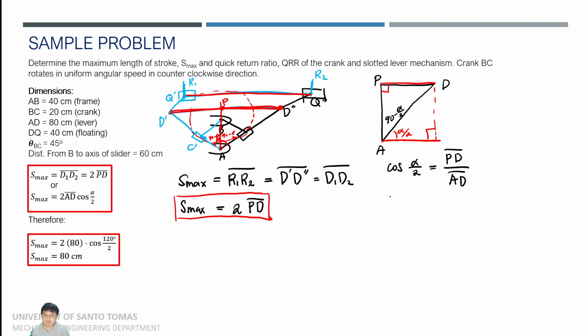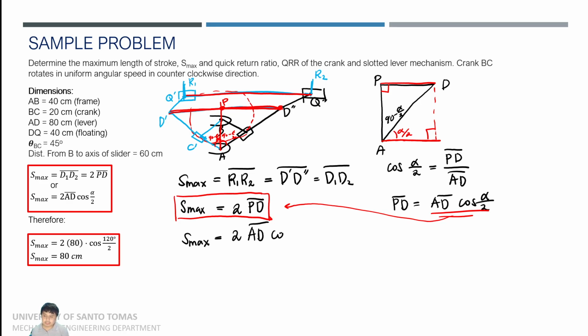So again, we can represent PD as AD cosine alpha over 2. We can substitute this to this, so the maximum stroke length is AD cosine alpha over 2.